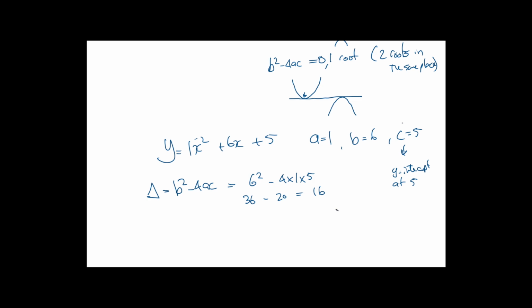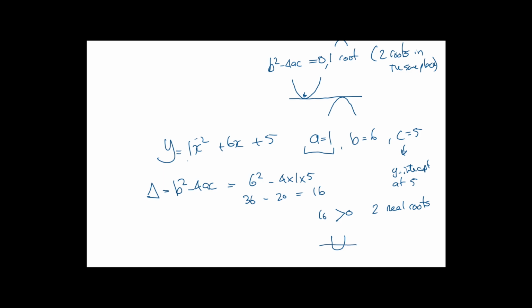This is a number greater than 0, so two real roots. In other words, the parabola crosses the x-axis twice. The a here, 1, is greater than 0, so therefore it's going to look like that. So it's going to cross twice.